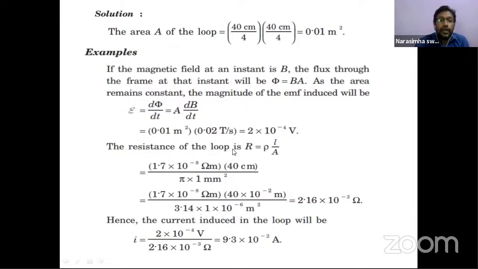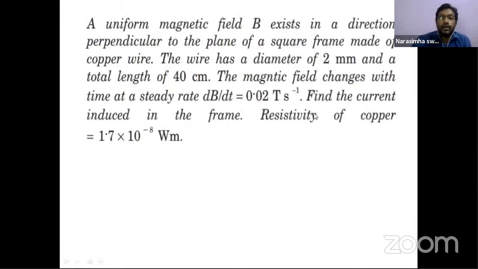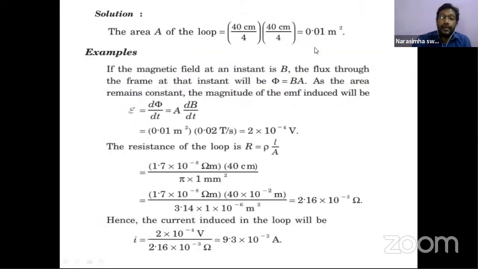The area of the loop is asked here. The diameter of the wire is given as 2 mm.